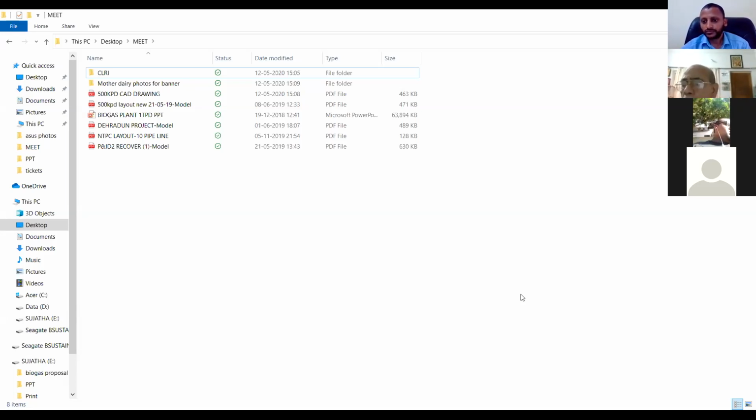Is there any environmental impact because of this biogas generation, sir? Since we are burning fossil fuels or waste products, is there any possibility of environmental issues? The main reason why we are going for biogas is emission reduction.